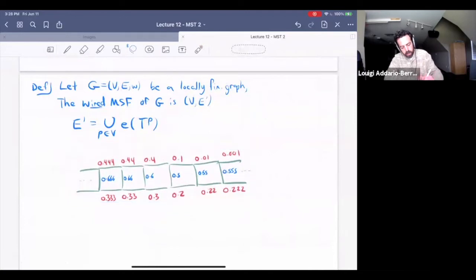Let's think about what happens on this graph. The setup here is a ladder. Starting in the middle and going to the right along the top, the edge weights are getting smaller.